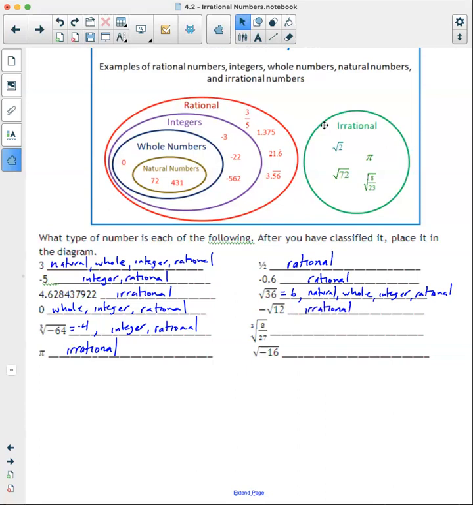The cube root of 8/27. So anytime, again, we're taking the cube root of a fraction, take the cube root of the numerator and the denominator separately. So the cube root of 8 is 2. Cube root of 27 is 3. Okay, that is a fraction. And if you turned it into a decimal, it would repeat.